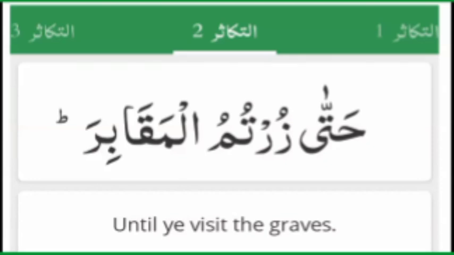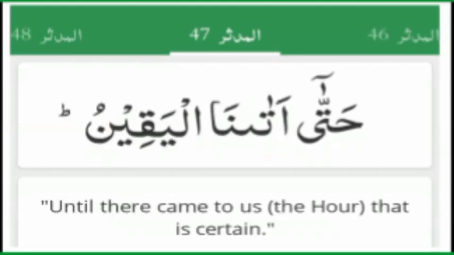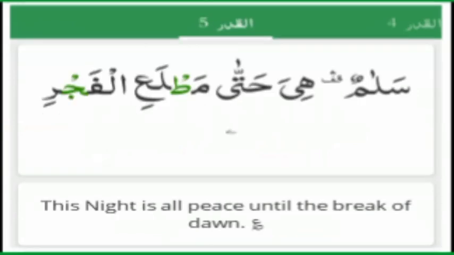Hatta zurtumul maqabir. So that's simple. حتى آتانا اليقين. سلام هي حتى مطلع الفجر. Hatta matla'il fajr, until the break of dawn.